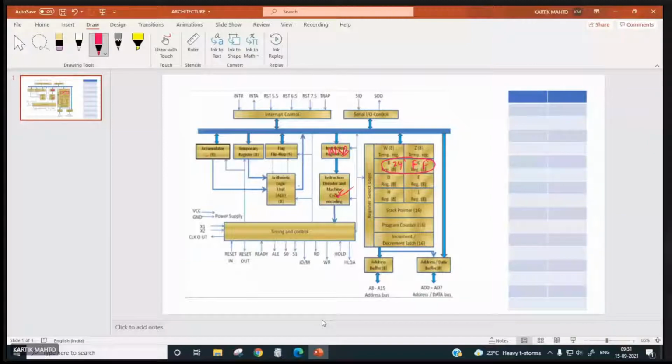This 24FF will be copied over here and incremented here itself. So this will be 00 and this will be 25, and it will be stored back over here. During this, the ALU is not involved, so flags are not affected.